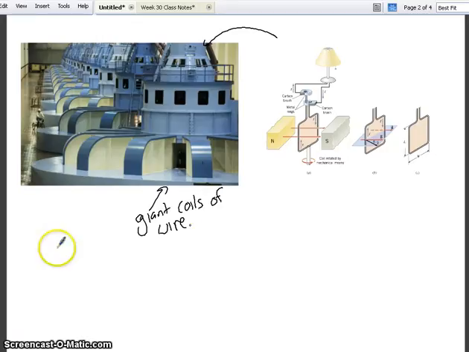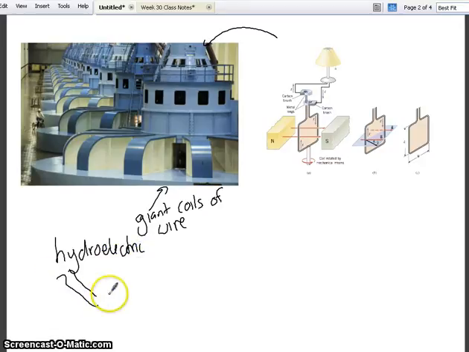We might have a hydroelectric plant, where water flows downhill, pushing some sort of mechanism like a paddle that is connected to a loop of wire, causing this loop of wire to rotate in a magnetic field. That's hydroelectric.